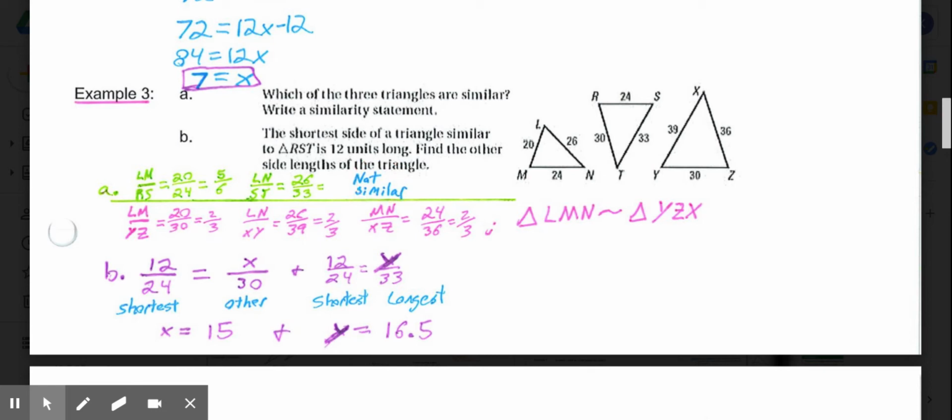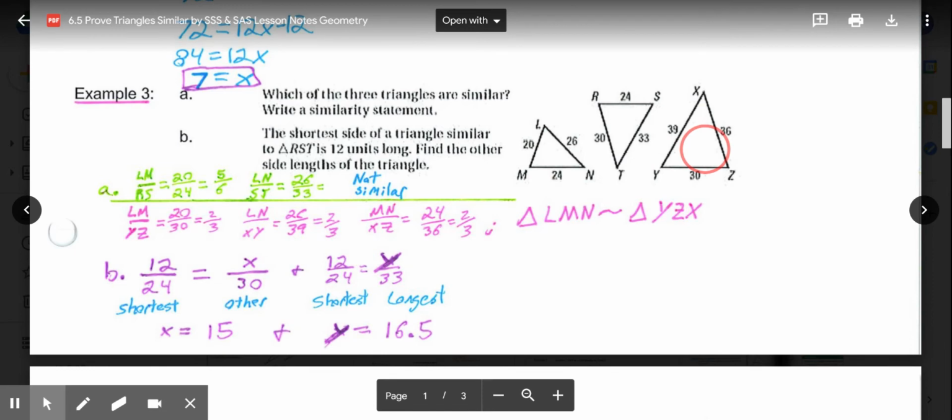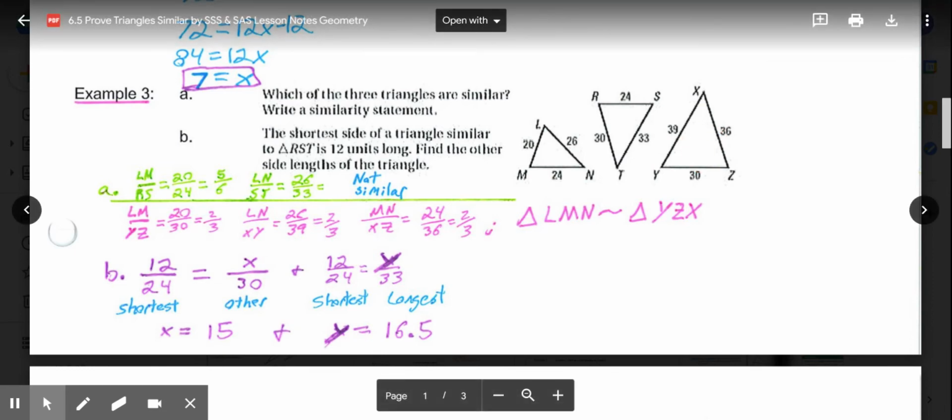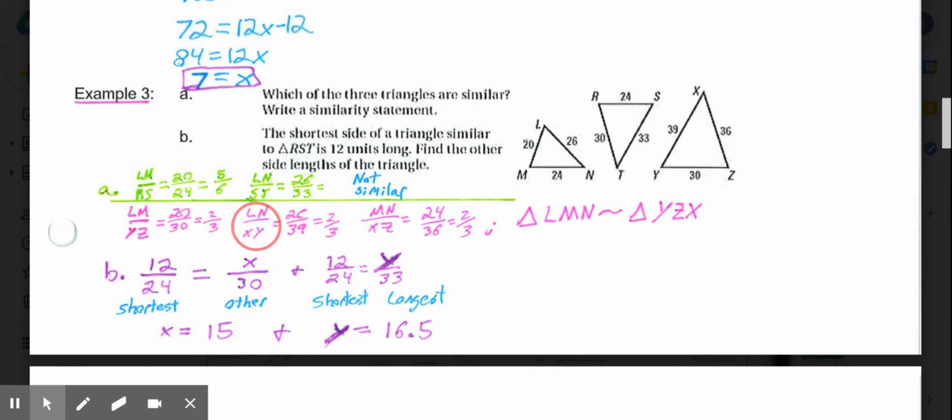Now I'm going to check triangle LMN with triangle XYZ. In this case, the shortest sides again are LM over YZ, which is 20 over 30, or 2/3. Then we do the longest sides, LN over XY, 26 over 39, which simplifies to 2/3.